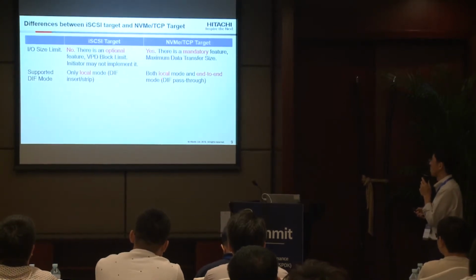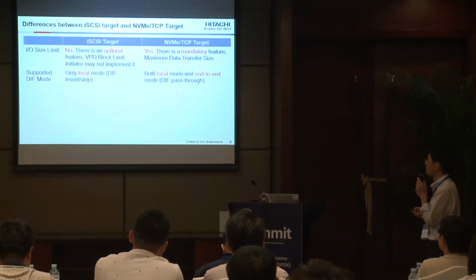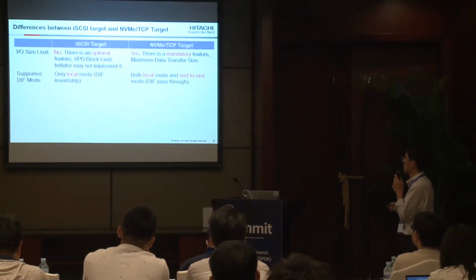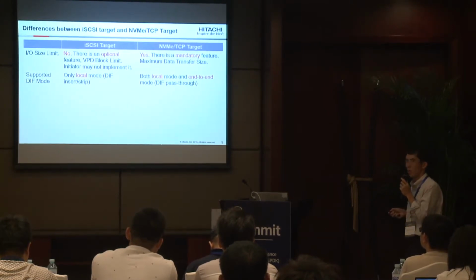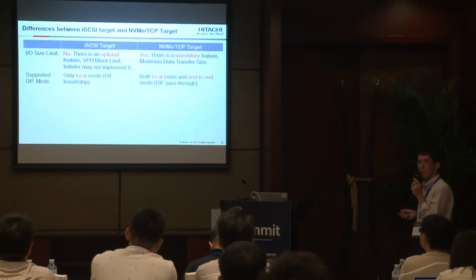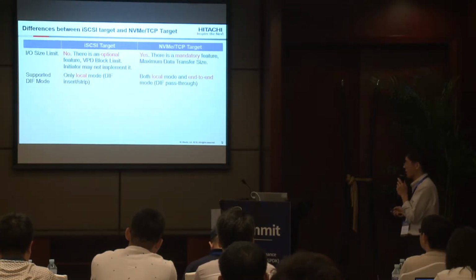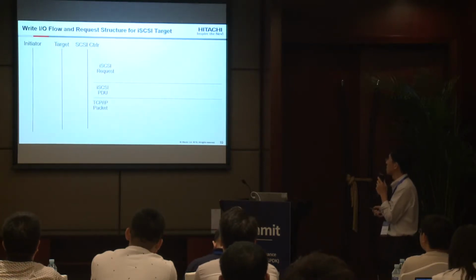So the NVMe over Fabrics target has to support both modes, local mode and DIF mode. So we see these two major differences, so design and implementation is different between iSCSI and NVMe over Fabrics.